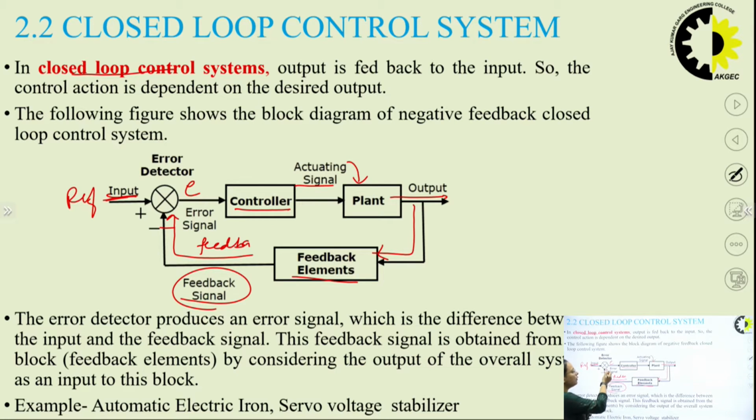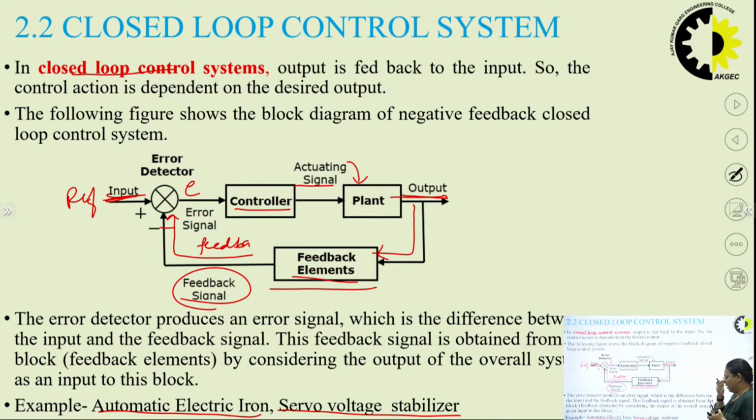So you can see in a closed loop control system, the output is dependent upon the input, but the controlling action, or you can say the input, is also dependent upon the output because of this feedback, right? Examples here are an automatic electric iron or a servo voltage stabilizer.